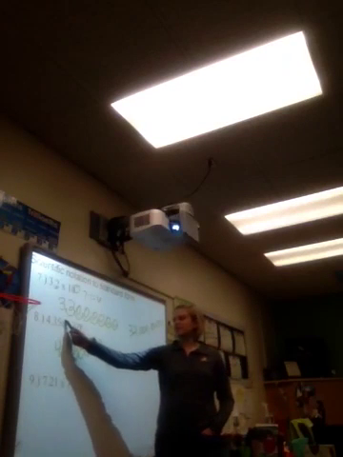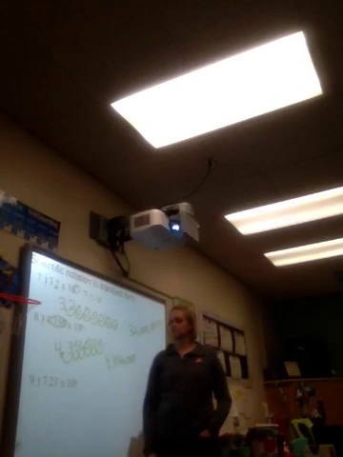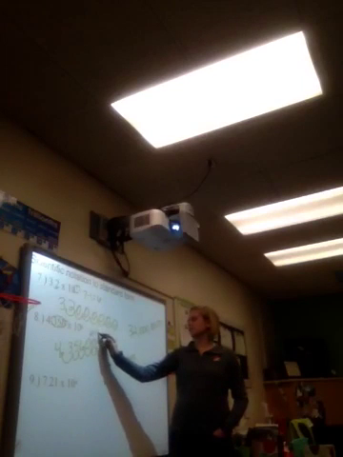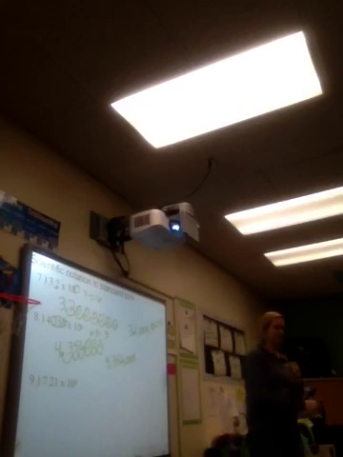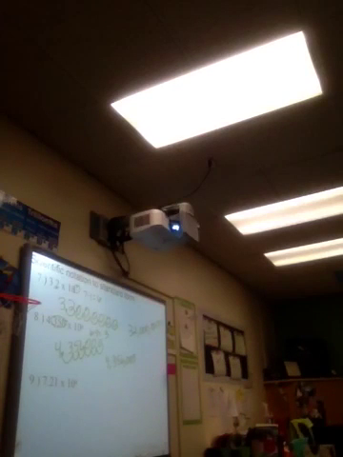How many spots do I have behind my decimal? 3. If I take 6 minus 3, I get 3. Is that how many zeros you have at the end? Yes. So that's a quick check to double check that you're doing it correctly.